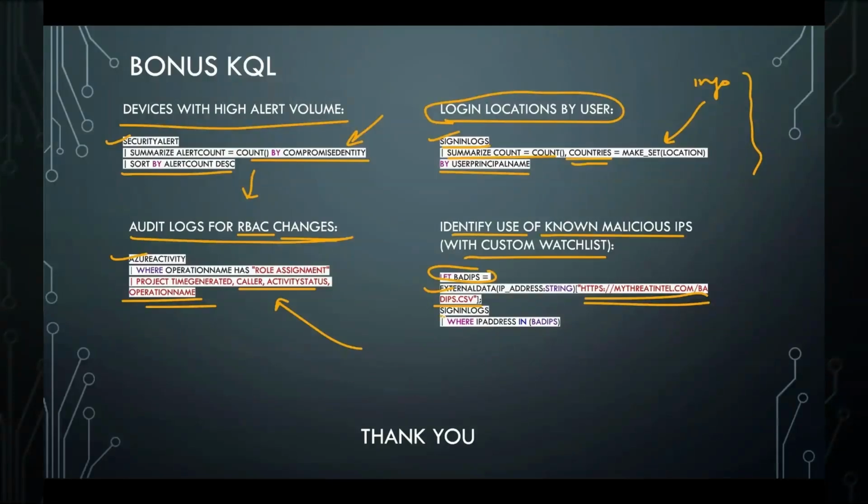And then I'm going to call the sign in log, and going to do a lookup with the bad IPs which I defined here in the CSV. So it is going to match the listed bad IPs if they match any real sign-in logs. So you can replace the external data source with your own CSV if you're playing with this kind of lookup.